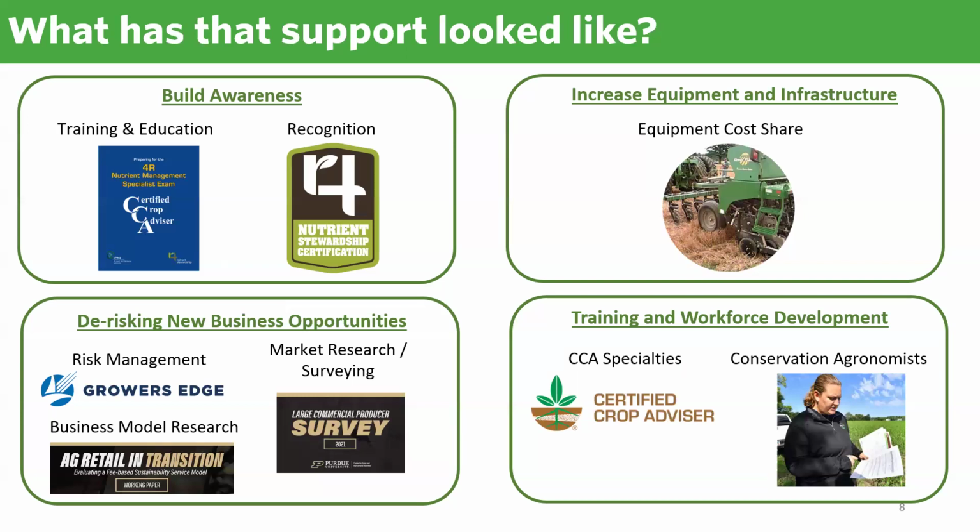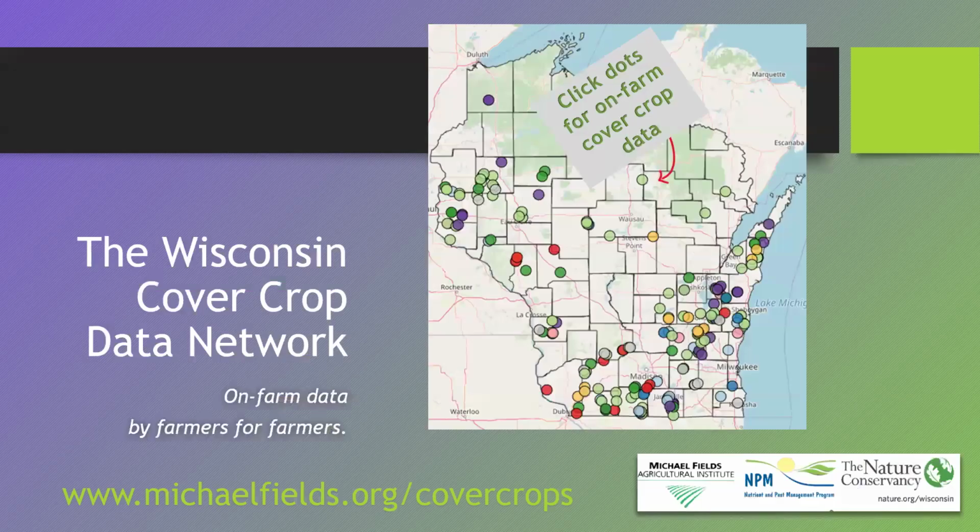The final part of the work, maybe Dan can step in soon, is a project in partnership with University of Wisconsin Extension and Microfields called the Wisconsin Cover Crop Data Network. As you can see, each of those little pins here is an area where we have a farmer filling out a survey and submitting a sample of their fall and spring cover crop.